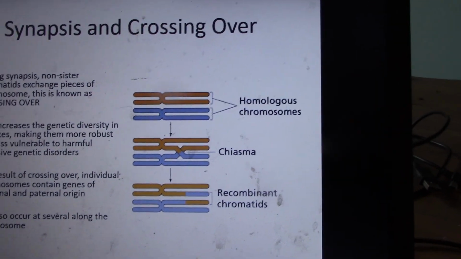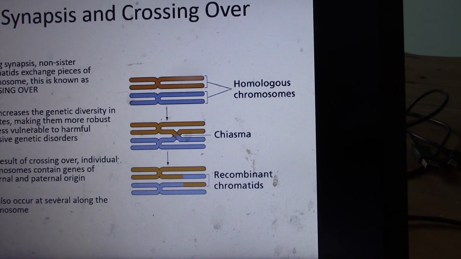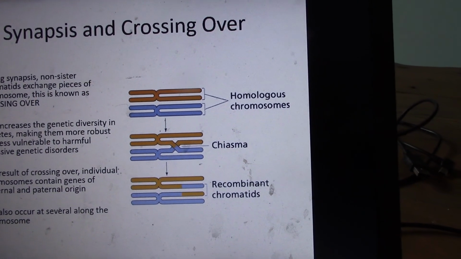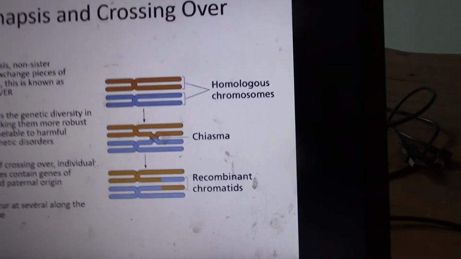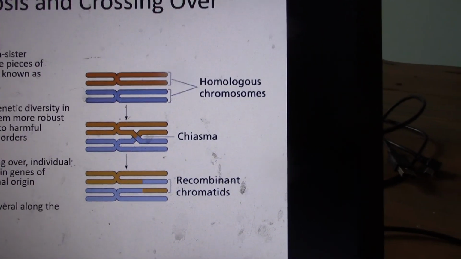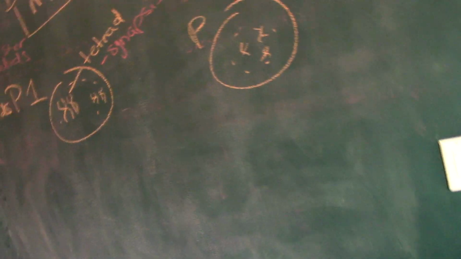The diagram here has the homologous pairs shown with different colors. What they do is swap pieces of genetic information. I'm going to take this homologous pair, color one red and one orange, and then bring that down here.